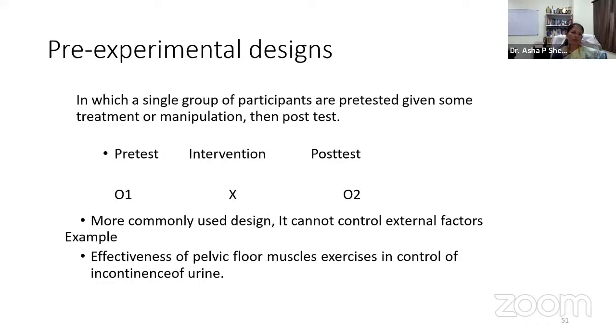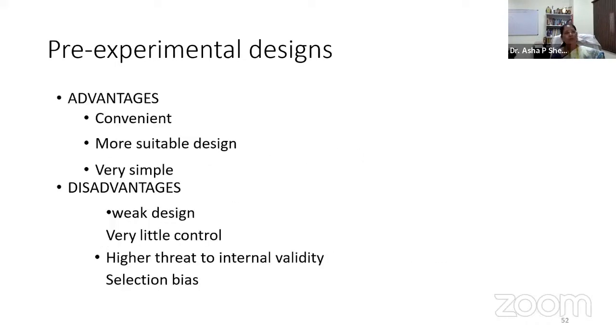For example, we want to assess the effectiveness of pelvic floor muscle exercises in control of incontinence of urine. We can identify the participants, give the pre-test to them, then give the intervention, that is the pelvic floor muscle exercises, and then in the post-test we assess how much control of incontinence of urine there is.